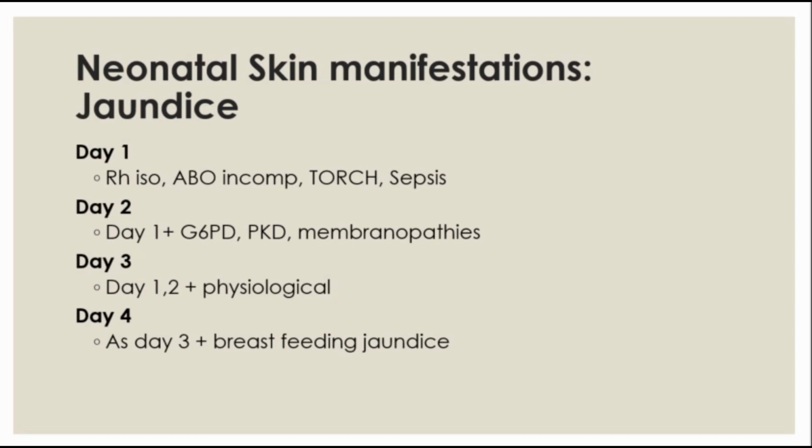Pyruvate kinase deficiency is an inherited disorder that affects the red blood cells leading to hemolysis. It can be life-threatening, and in infancy, such individuals may require regular blood transfusions to survive.